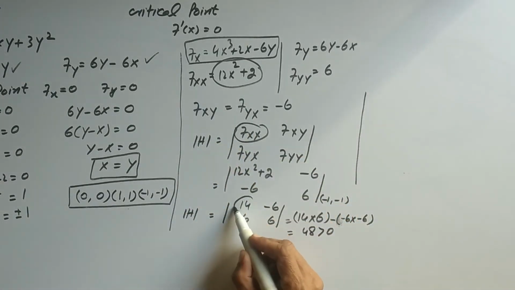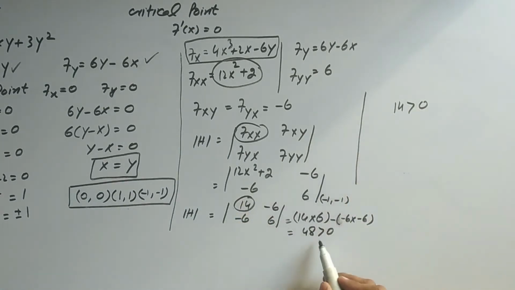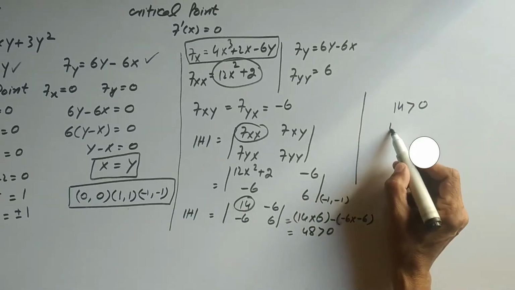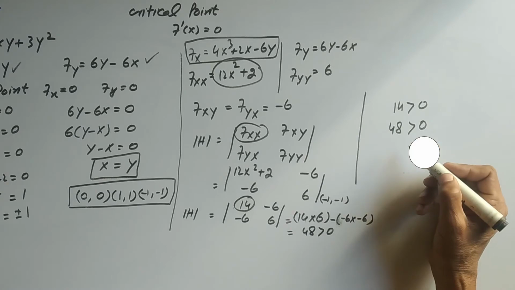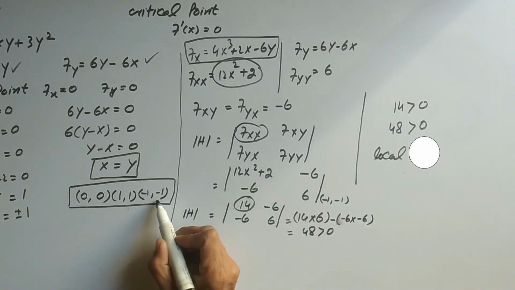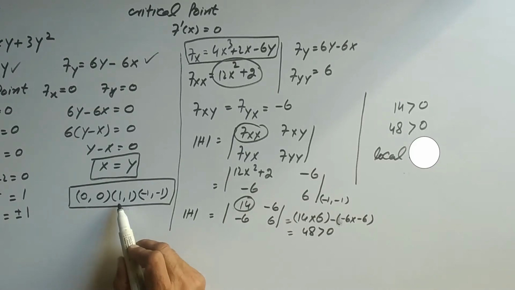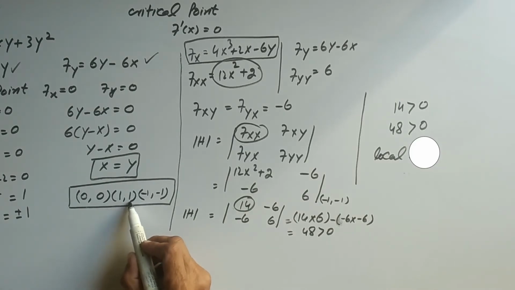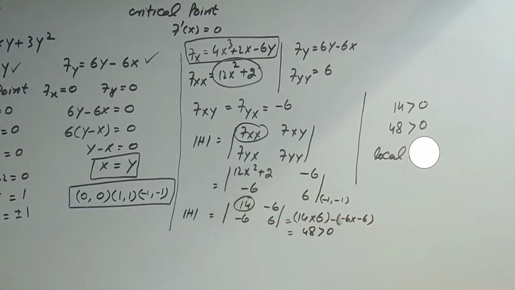That is 14. 14 is greater than 0, and the whole determinant answer is 48, which is also greater than 0. Both of them are greater than 0. So to calculate, we just put the values of minus 1 and minus 1, which come from a critical point. Now we'll take the values 1 and 1 and again put the values in this determinant, and we'll see what the answer will be.